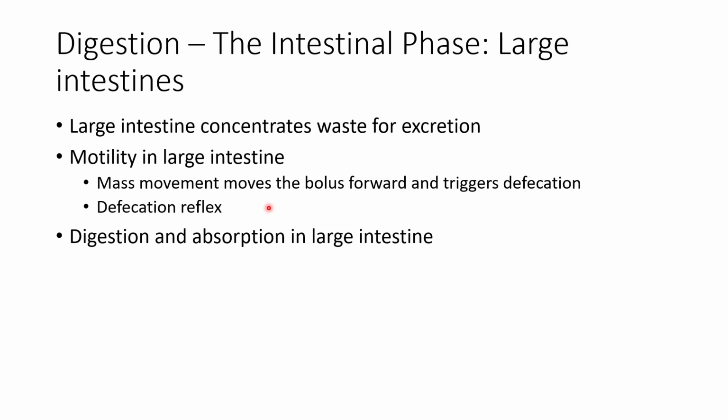The bolus is moved forward until it reaches the colon, where we use mass action. When the colon is full, that triggers defecation, and there's a reflex pathway that releases the anal sphincter. It relaxes, and then we can use a peristaltic contraction and gravity to release and defecate.